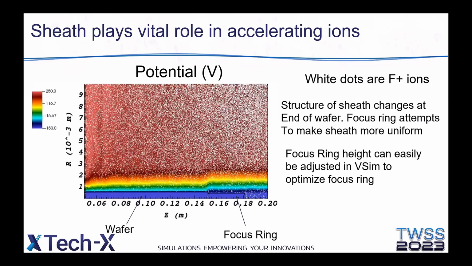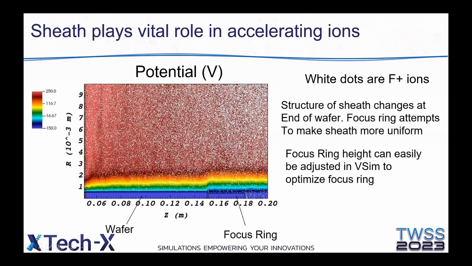And so a common technique is to put this focus ring out on the outer radius right here, and varying the height of that focus ring, varying the dielectric of that focus ring, basically changing the material, is an important thing to model. And so you can see that discontinuity here in the sheath, and then just the discontinuities right here.